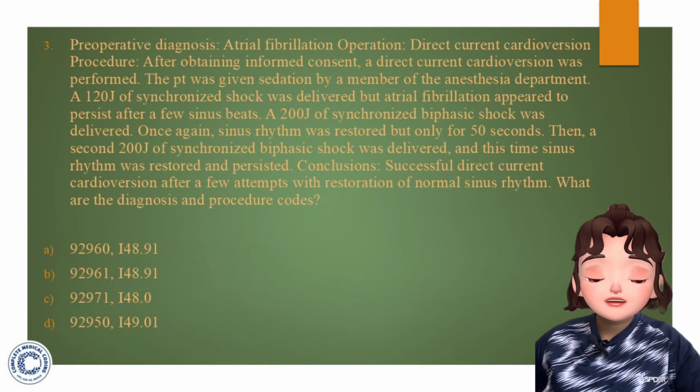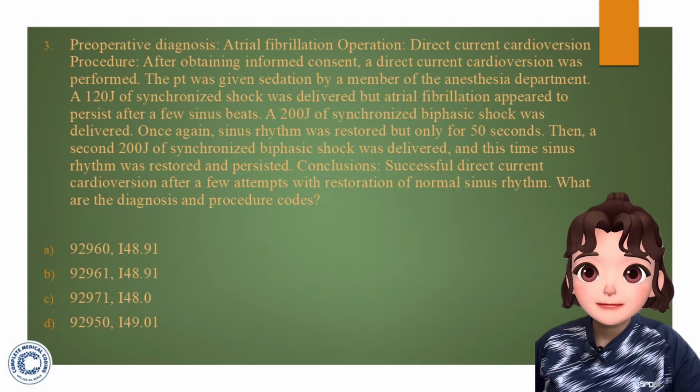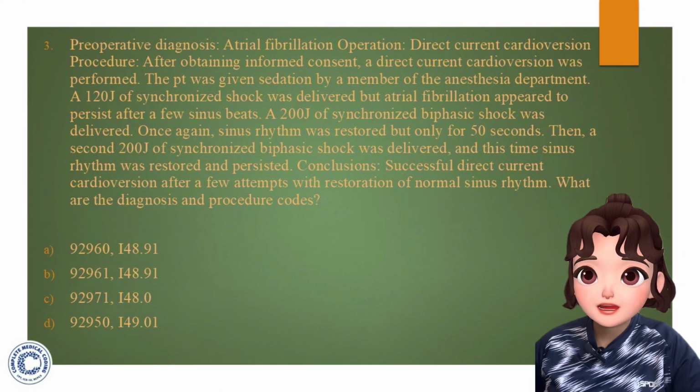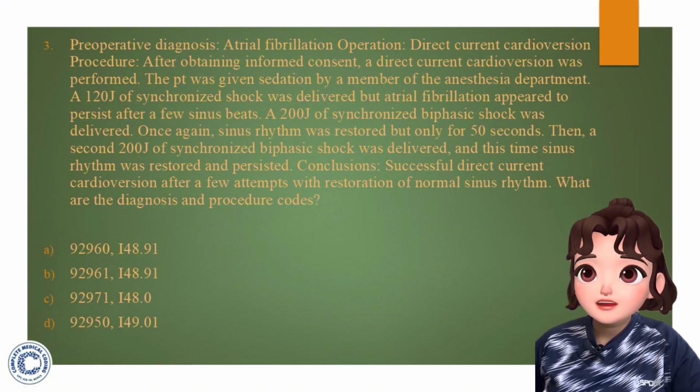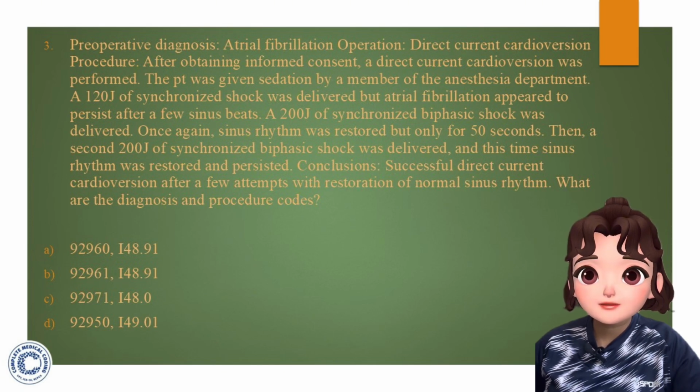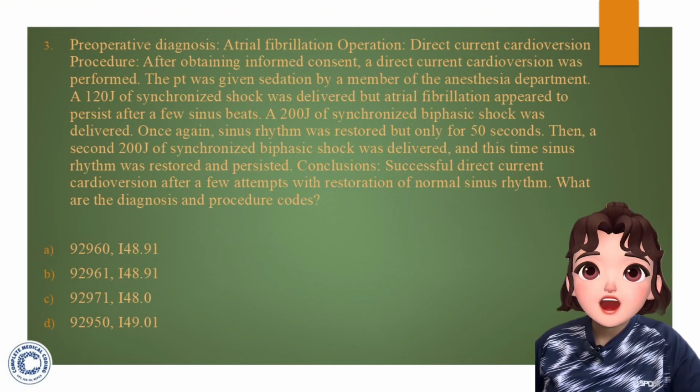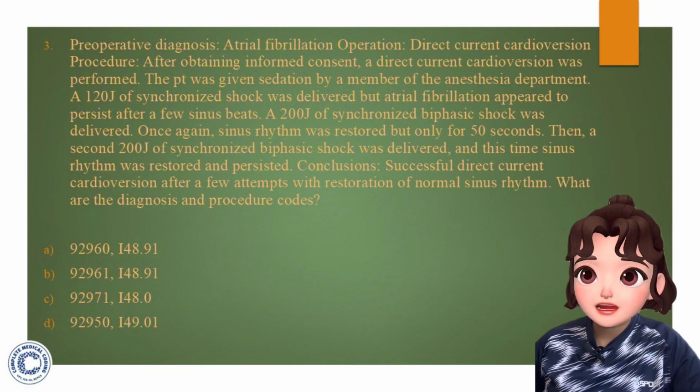Now let's move to the third question. Preoperative diagnosis: atrial fibrillation. Operation: direct current cardioversion. Procedure: after obtaining informed consent, a direct current cardioversion was performed. The patient was given sedation by a member of the anesthesia department.